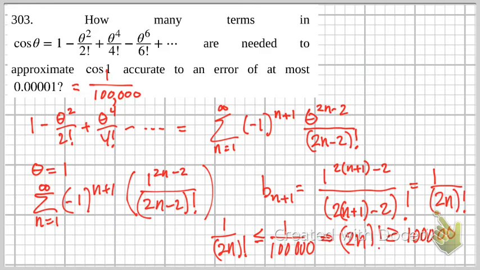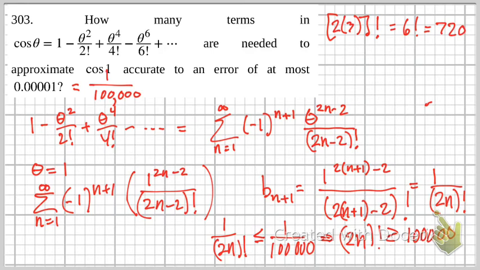And essentially at this step, I'm just going to try numbers. So for instance, if I put a 3 in there, I take this factorial here, and that's 2 to the 3, that's really 6 factorial. And right away I see that that's 720.